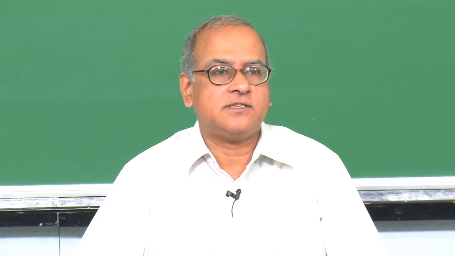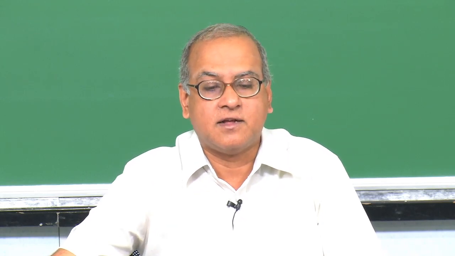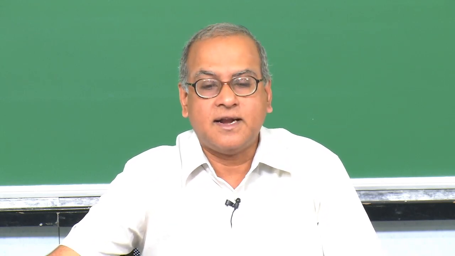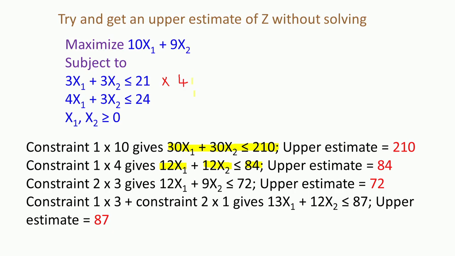Now, we again learn something from this. As long as x1 and x2 are greater than or equal to 0, 10x1 plus 9x2 will be less than or equal to 12x1 plus 12x2, because the coefficient 12 is greater than or equal to 10 and the coefficient 12 is greater than or equal to 9.